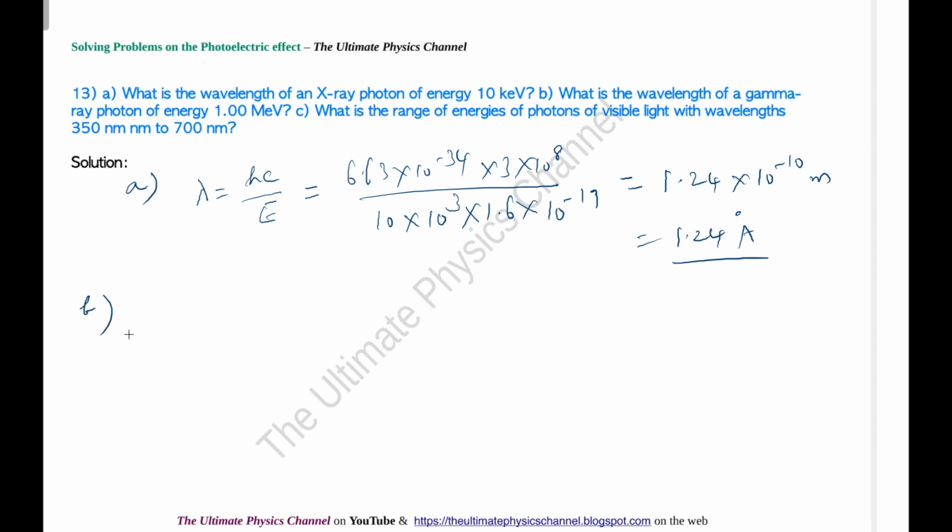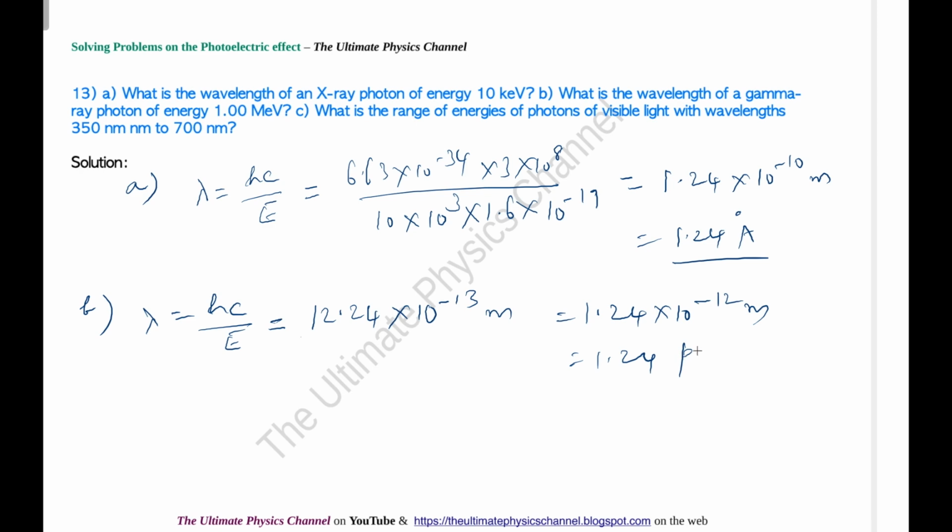Right. Next, part B. What is the wavelength of a gamma ray of 1 MeV energy? Again, the same formula is to be used. If you do the math here, you will get 1.24 into 10 power minus 12 meters, or 1.24 picometers.